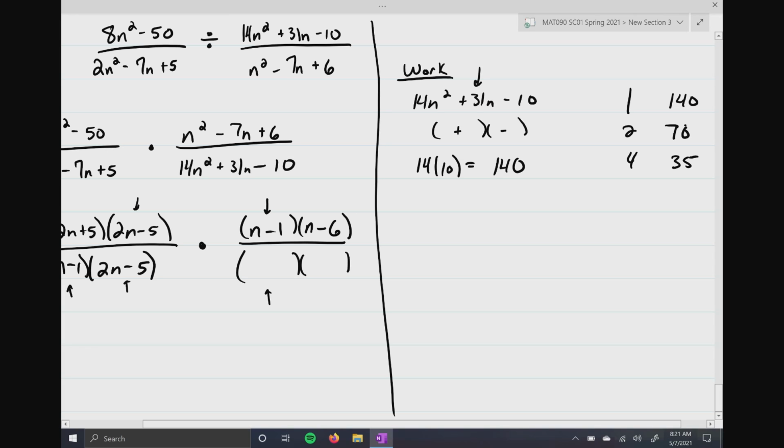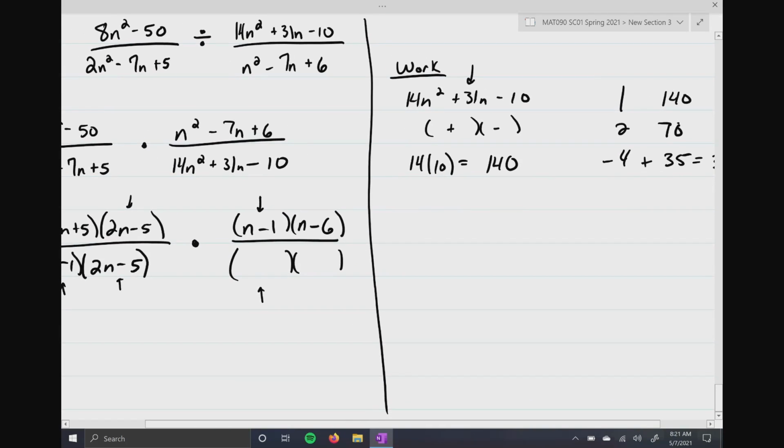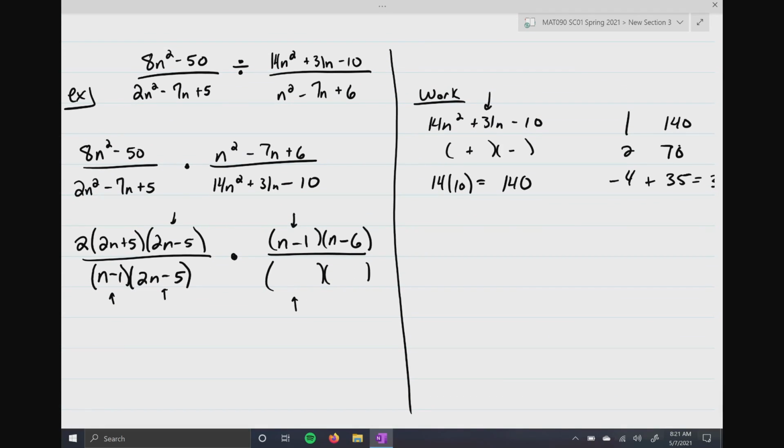Okay? And one is positive, one is negative. Negative 4 plus 35 is 31. So I'm feeling really, really good about myself right there. Okay? So I'm going to rewrite it as 14n squared minus 4n plus 35n minus 10.